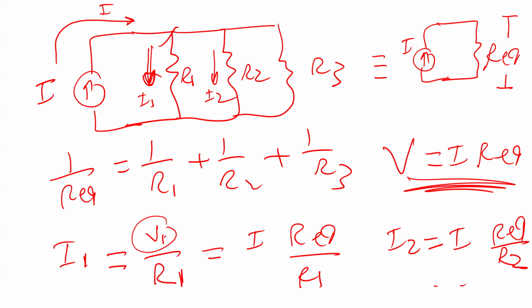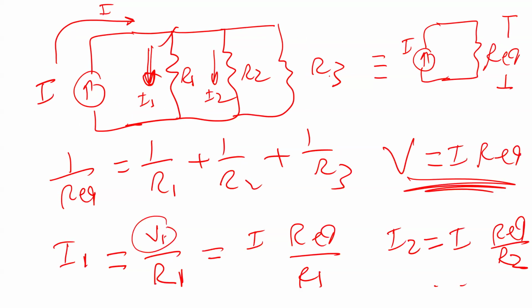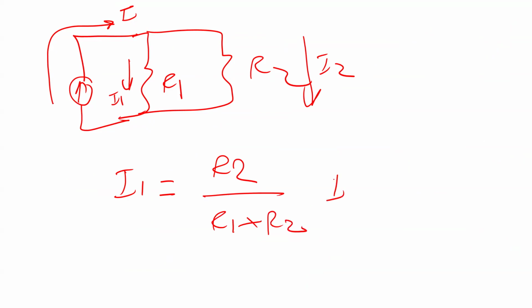Okay. So I give you one case, which may be the easy or straightforward case, when you have only 2 resistors. So when I have only 2 resistors, for example here R1 and R2, and the current here is I. So I is coming this way, and it's going to be divided here into I1 and I2. If I use the same formula I explained here, you can see I1 equals the other resistor, which is R2, not R1, R2 divided by R1 plus R2 times I. So this is the ratio I1 will take.